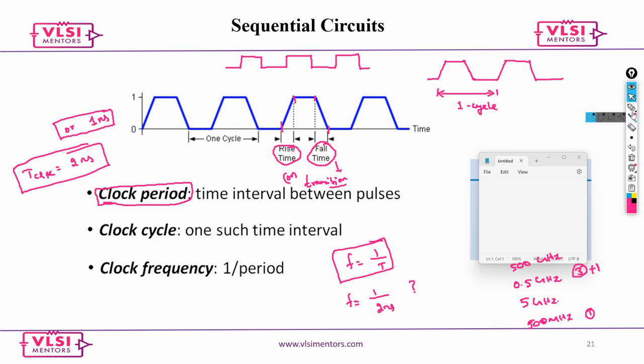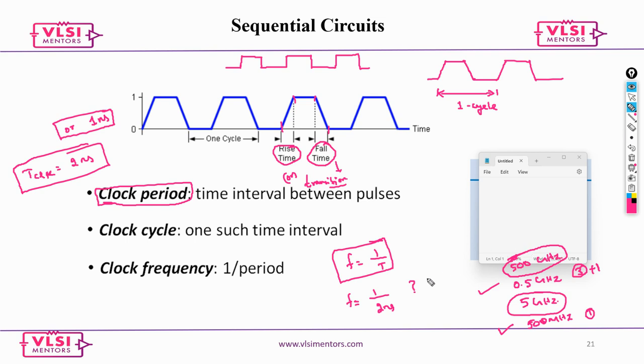Okay, you are the one who said 5 gigahertz. I think Shruti said 5 gigahertz. So ideally speaking, 0.5 gigahertz and 500 megahertz are one and the same. Now, someone said 500 gigahertz, and I'm still waiting for others to answer.